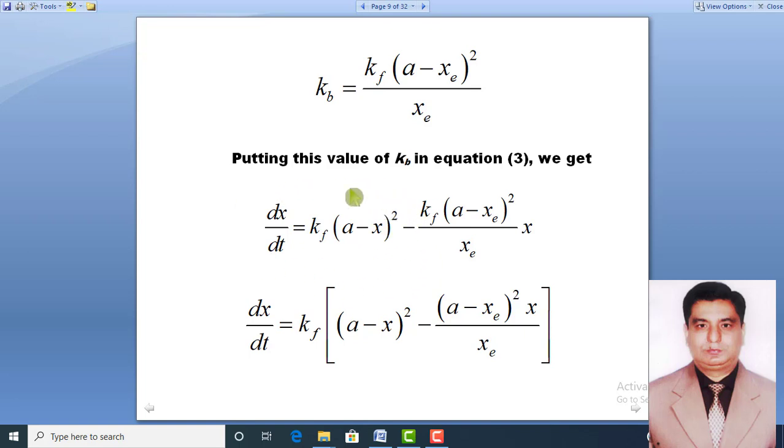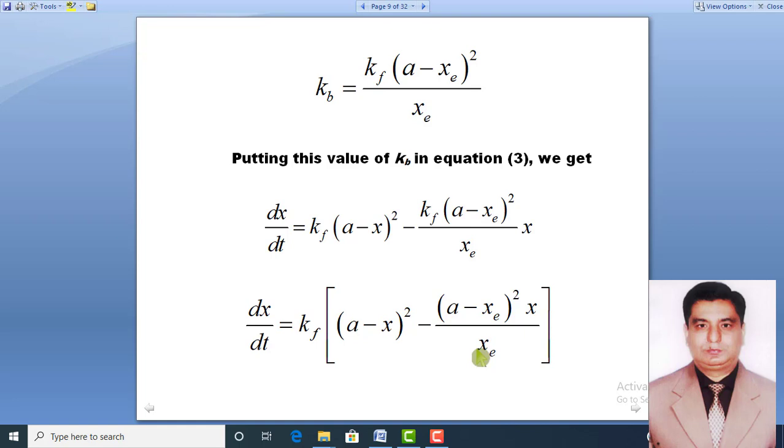This portion will be the same, and here we write the value of Kb, Kf into (A minus Xe)² over Xe into X. So in this equation, Kf is the common term. If we take Kf as a common term, inside the square bracket there will be (A minus X)² minus (A minus Xe)² into X divided by Xe.